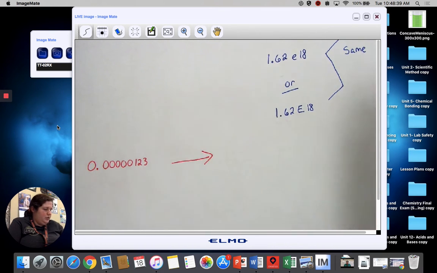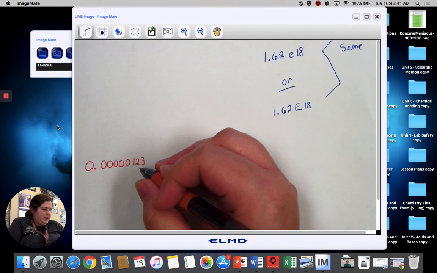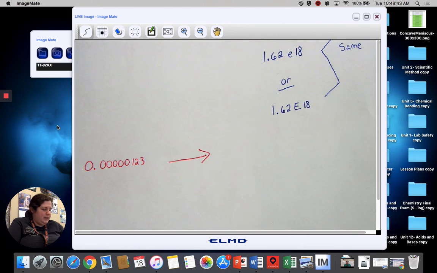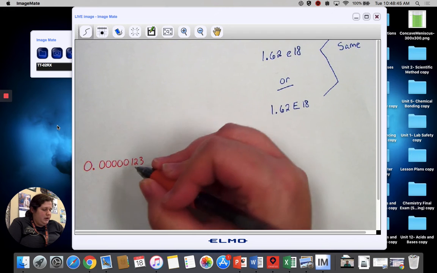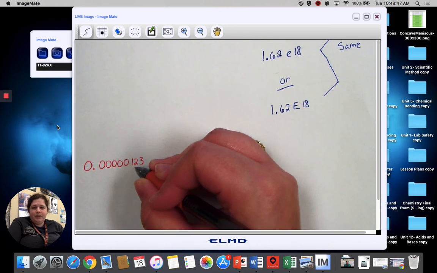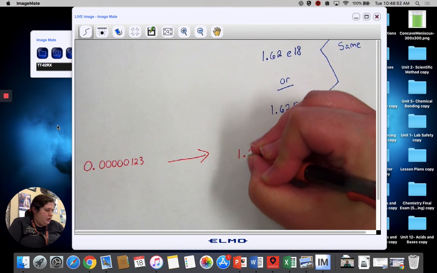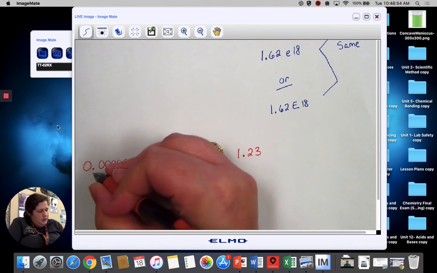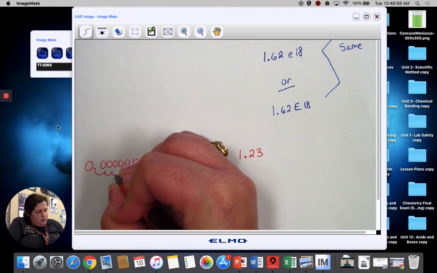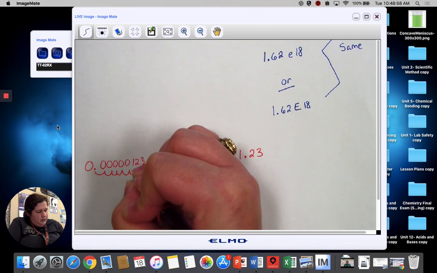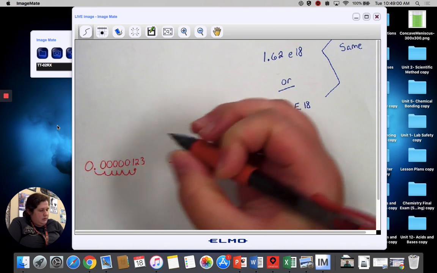Okay, so I'm looking, and I can tell you just by eyeballing it, my number is going to be 1.23. That's the only number I can get between 1 and 10. So 1.23. Okay, so 1, 2, 3, 4, 5, 6. Okay.